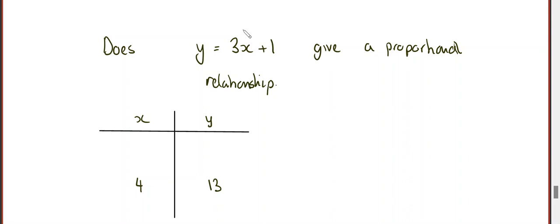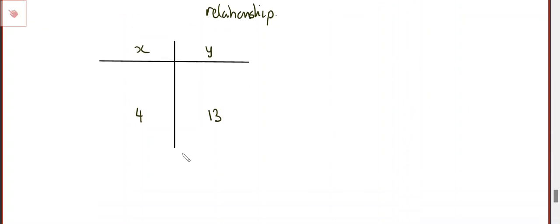Good stuff, love it. So you are quite right in what you said, in that if I do 5, I would get 16. If I got 3, I would get 10. It does go up by 3.